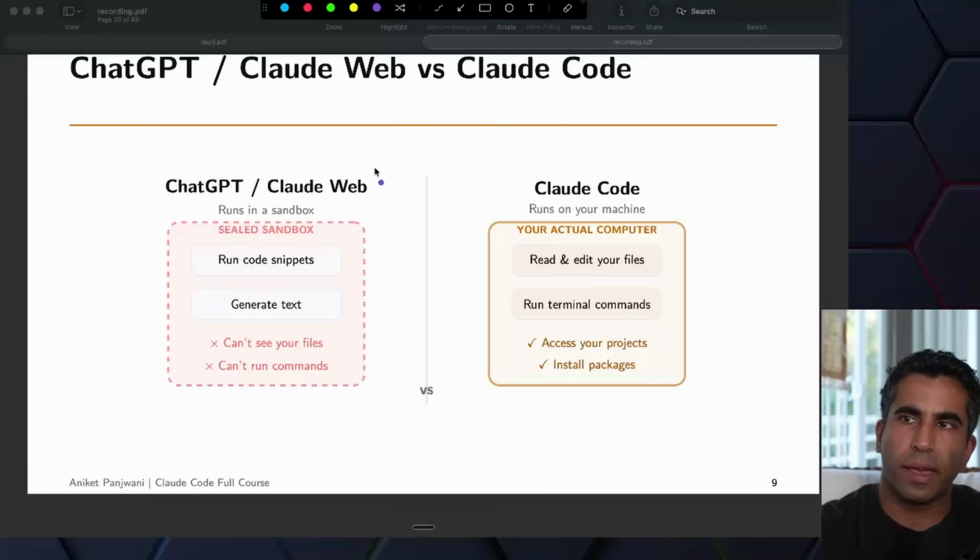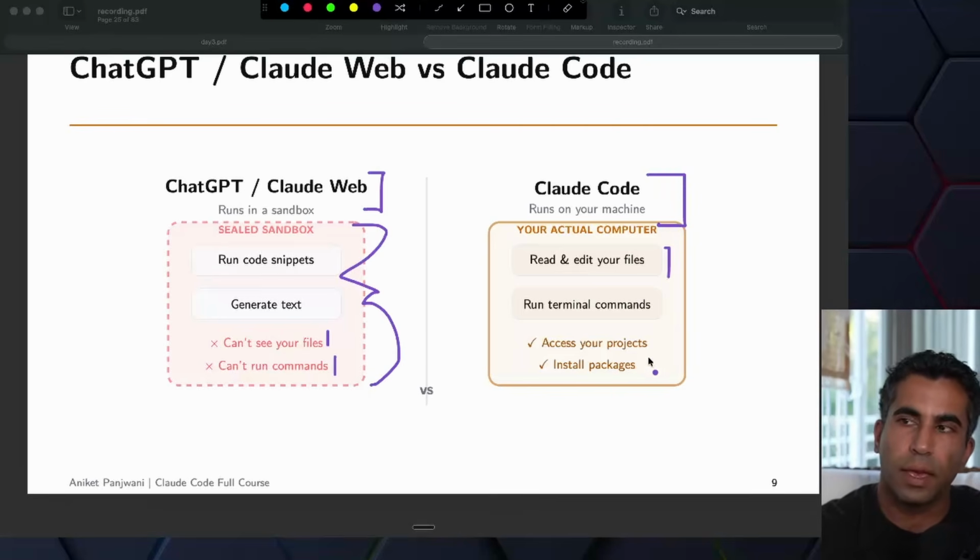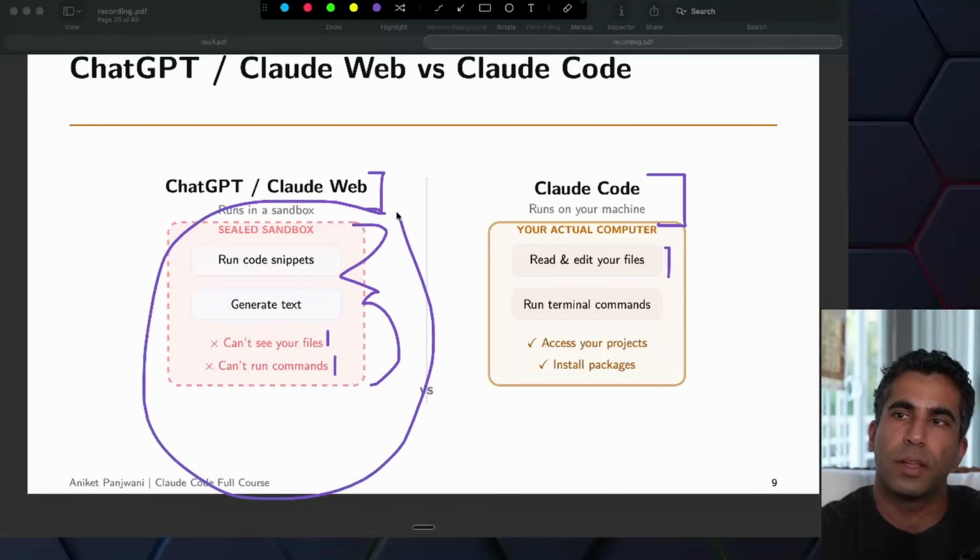So Claude Web, which is what I just started, is running in this sandbox, can't see my files, can't run commands on my computer, whereas Claude Code is running on my actual computer, can see my files, run terminal commands, and I can install packages and have them available in the future, whereas in this one, if I'm depending on some external tools or packages, I have to install them from scratch each time. One good analogy is that Claude is like texting a friend for advice, whereas Claude Code is having the friend sit down at your computer and do the work for you.